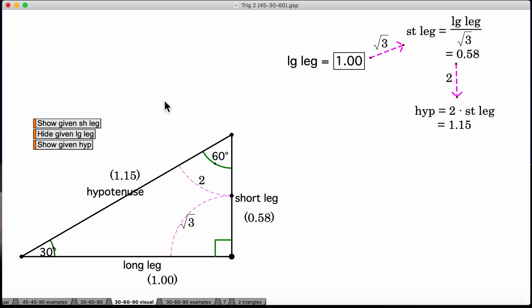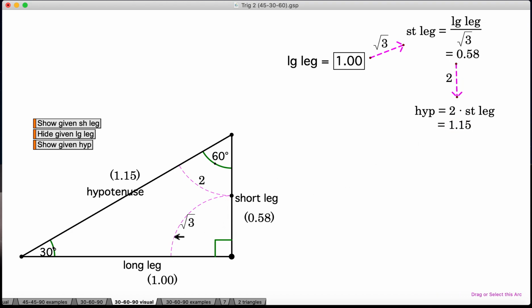If I start with the long leg, by the way, I always want to work to the short leg, okay? Because I know the relationship from the long leg to the short leg, I would have to divide by root 3. So if the long leg was 1, if I divide by root 3, the short leg would be 1 divided by root 3, which is approximately 0.58. And then from the short leg, I'm going to go to the hypotenuse, which means multiply it by 2.